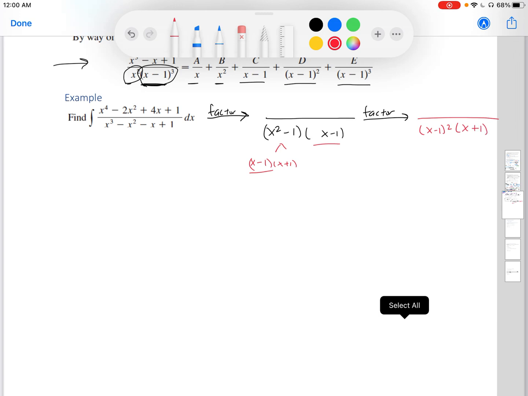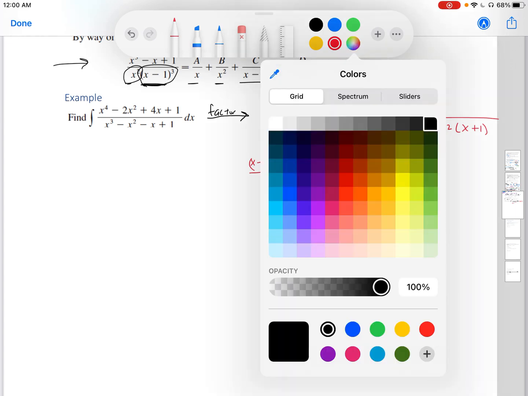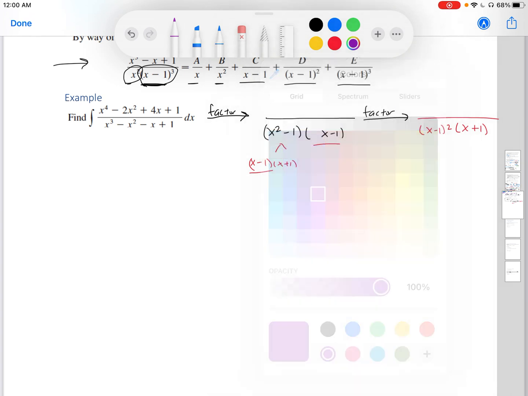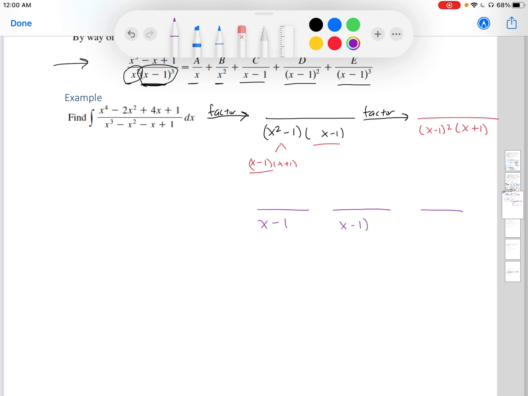So to set up our partial fractions, we have to have it set up this way. We have a setup such that we have x minus 1, x minus 1 squared, so we have it squared, and then I can write that x plus 1.